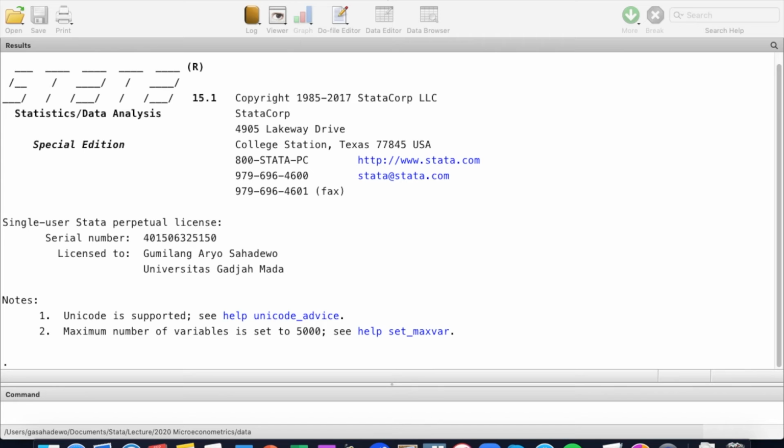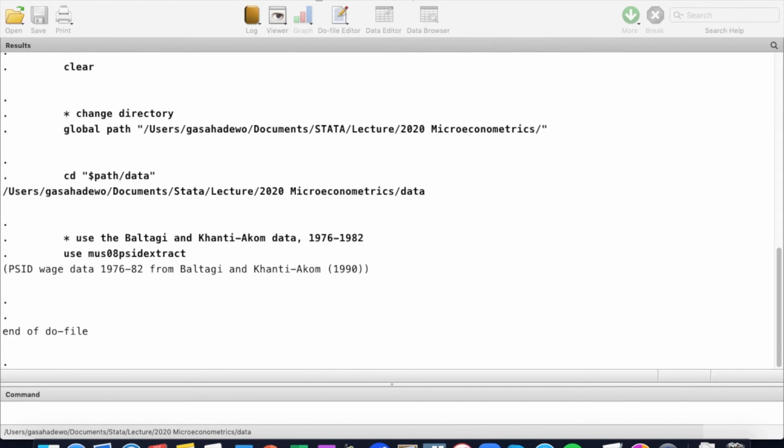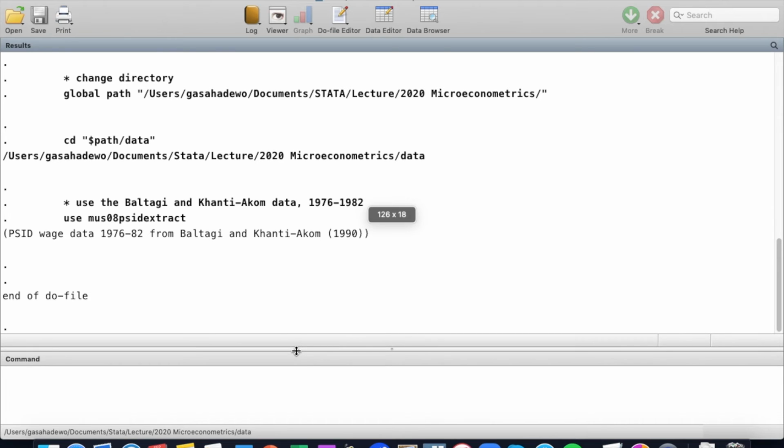And so the data set that we're going to use today is going to be called MUS08 PSID extract. So this is from the Panel Study of Income Dynamics, or the PSID, and this provides you with the wage data from 1976 to 1982. So this is from a data set from Baltagi and Khanti-Akom in 1990.